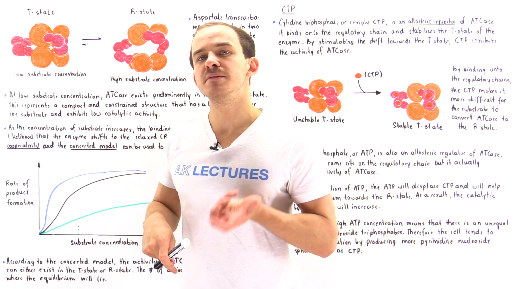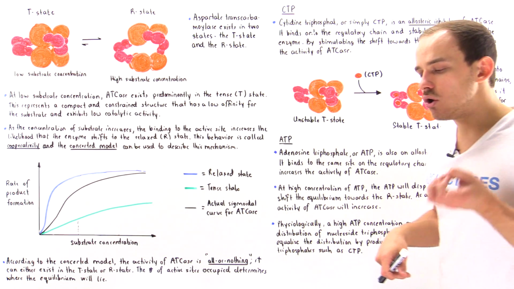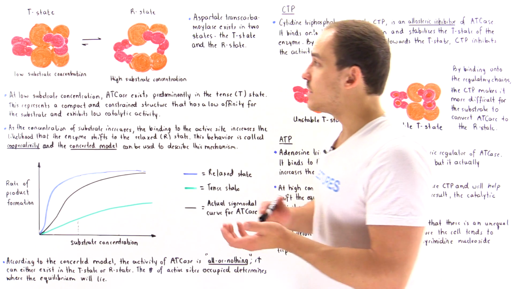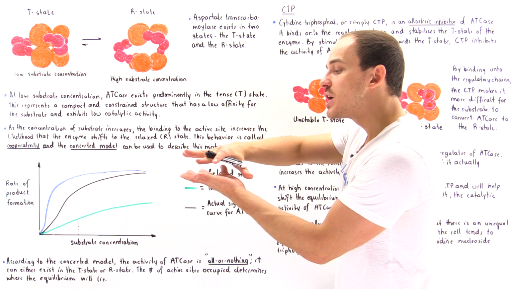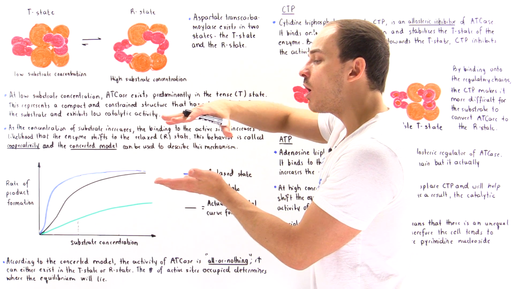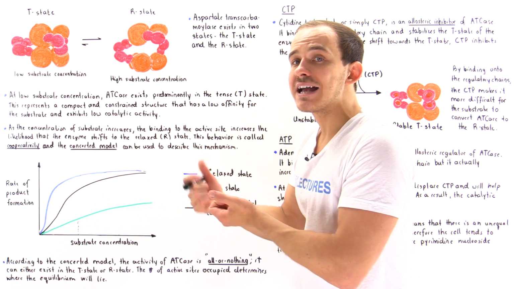Now, what do we mean by the R state? Well, the R state is also known as the relaxed state, and that's because these two orange catalytic trimers have now moved far apart, they rotated, and so they created this relaxed structure.